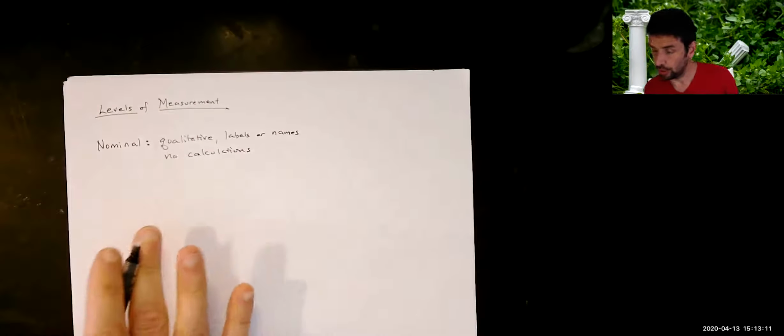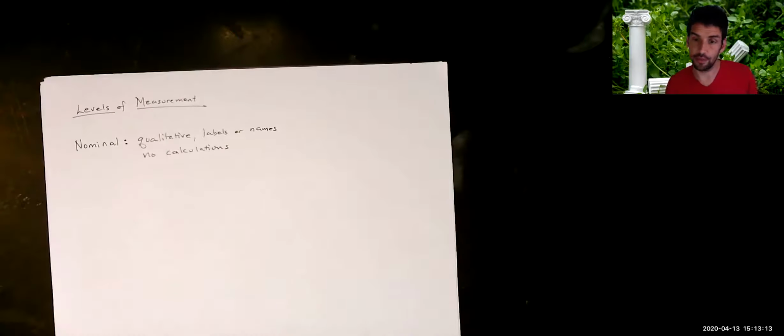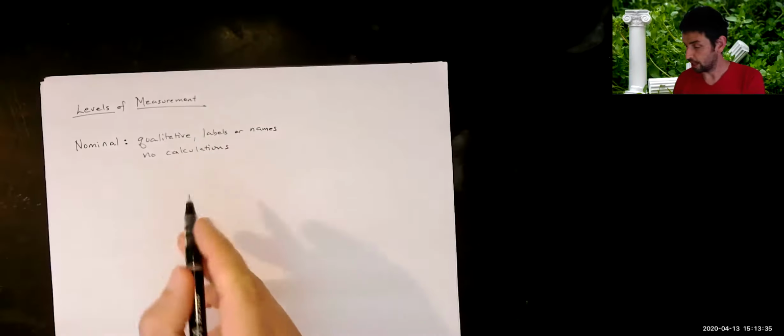So what do I mean by qualitative? Well, that's the same thing we meant before, qualitative data, right? It's not going to be numerical, it's going to be some kind of category. So if I wanted to poll you guys on your favorite brand of coffee, those brands would be our categories, right? I can't do any calculations. I can't take the average brand by adding Victrola plus Starbucks and dividing by 2, right? That doesn't make any kind of sense.